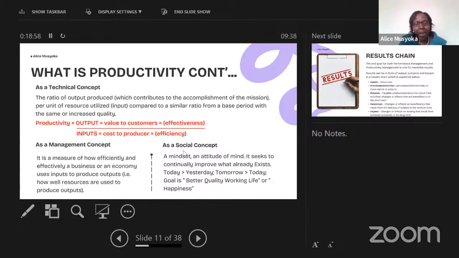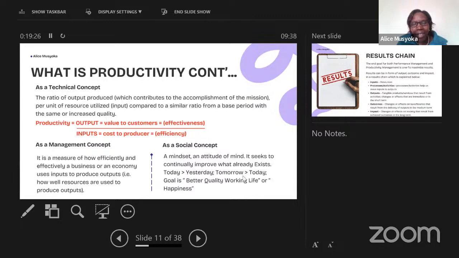So the goal, when we look at it as a social concept, the goal of productivity is better quality working life or happiness. Things getting better every time. When we say as a social concept, productivity is a mindset, that is very key. It says a mindset or an attitude of mind.